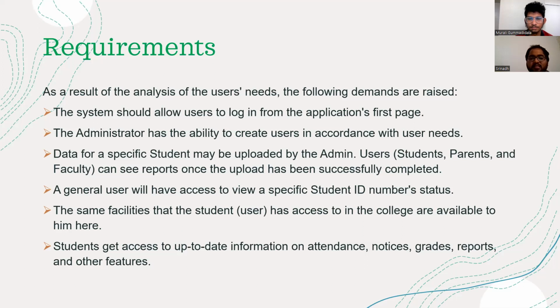Users can see reports once the upload has been done successfully. General users will have access to view a specific student's ID number, status, or CWID number, and whatever things are needed for the students will be maintained by particular people in a proper manner. The same facilities that a student has access to in the college are available to him also.